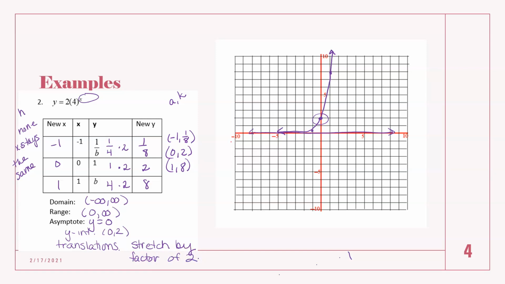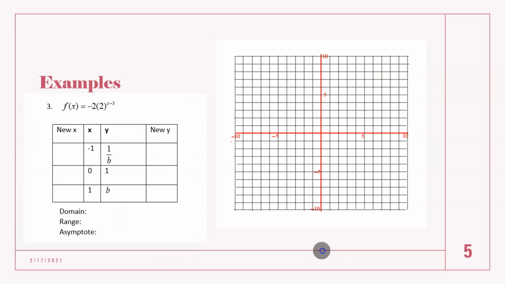All right, moving right along. Okay, number 3. So remember, the h is over here, and the a and the k are over here. So let's figure out our x's and y's. Our base is 2. So I have 1 over 2, 1 and 2.